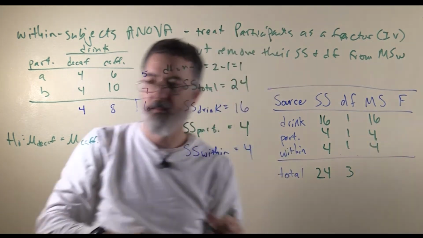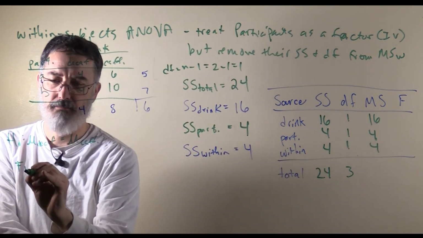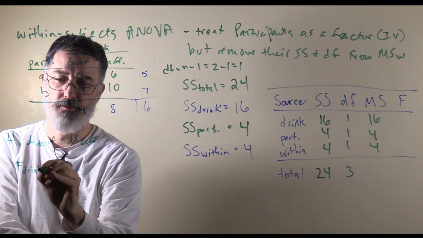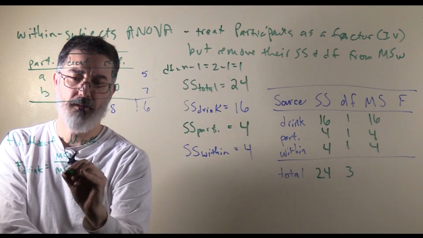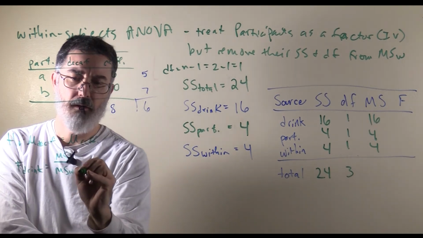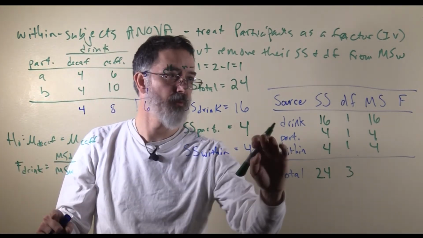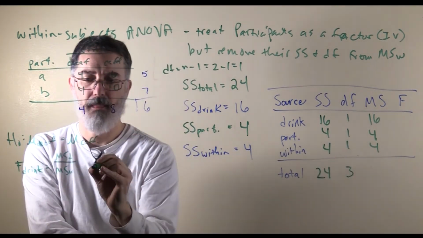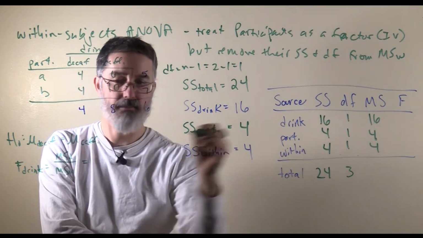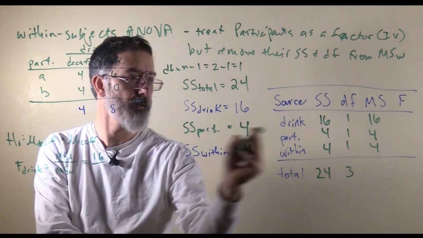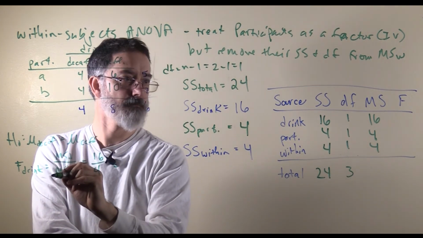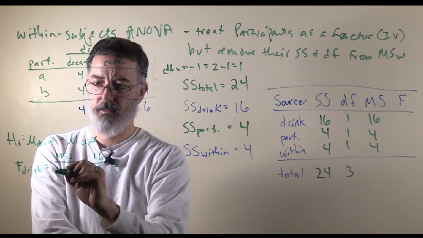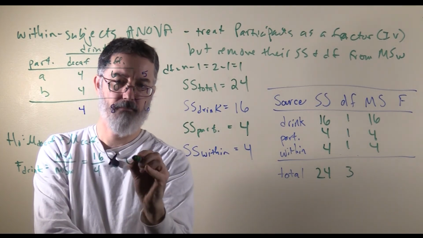So we'll want to calculate the F statistic for drink. And that's going to be the mean square drink divided by the mean square within, which is exactly what it was before we had these participants involved. And it's 16 divided by 4. So we get an F of 4 for drink.